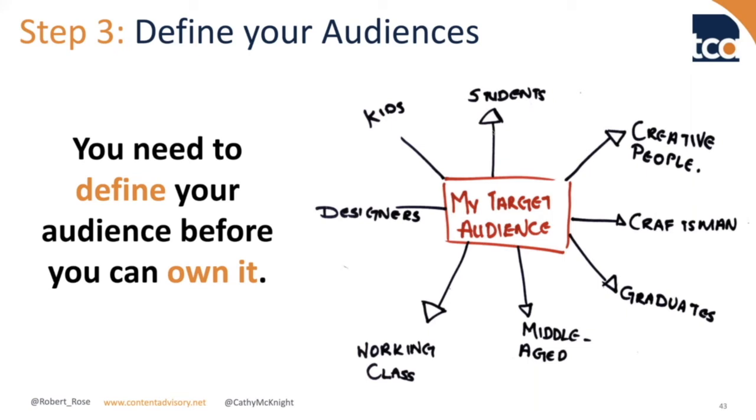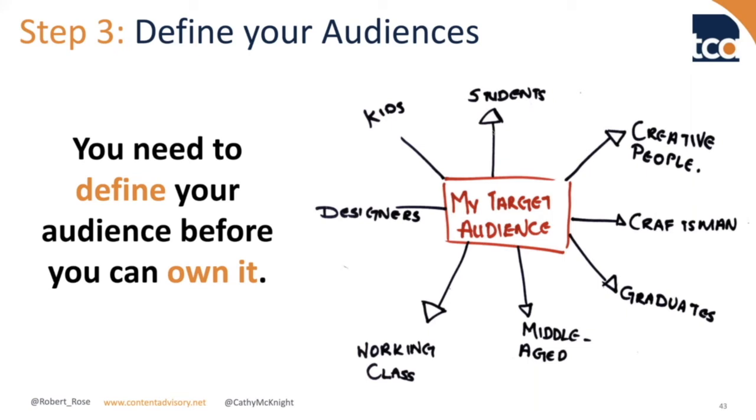This is the only way to be able to take an outside-in approach to your content. And for those of you who aren't familiar with that term, outside in means putting yourself in the shoes of your audiences and looking back at your organization to say, this is what I want from them. Quite often in the past, and there are still several instances of it today, we as organizations build our content to say, this is what we want to tell our audiences.